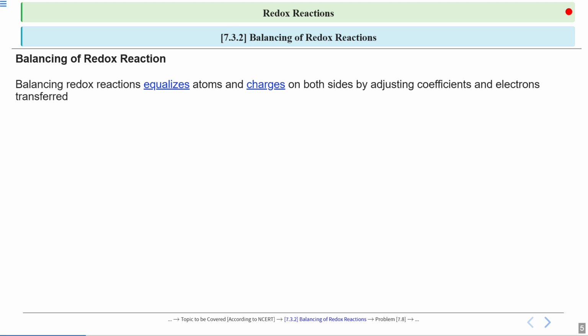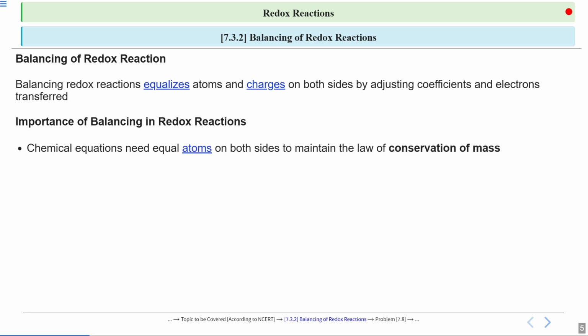This is a crucial step in ensuring the equation accurately represents the chemical reaction as it adheres to the law of conservation of mass. So now let's understand what is the importance of balancing in redox reaction.